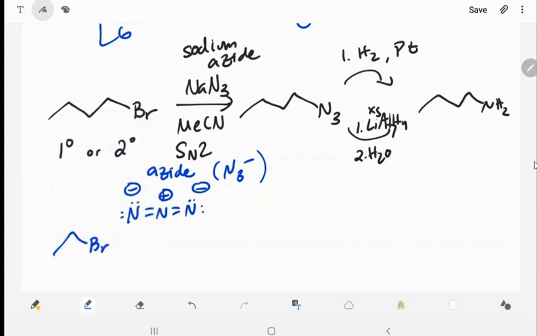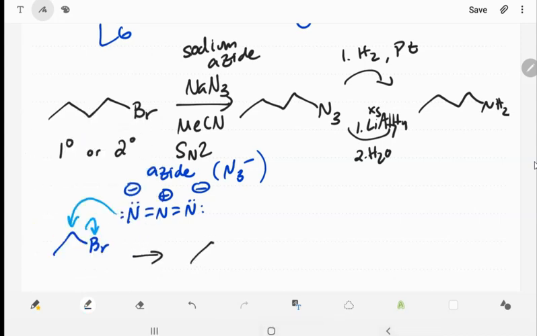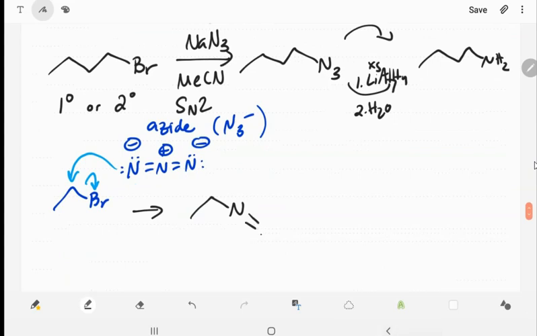Here we go. It is a nucleophile. Goes in, kicks out your bromine. This is technically sp, so I better do my geometry correctly. All right, so we've got that. All right, next step. Let's go ahead and use our lithium aluminum hydride.